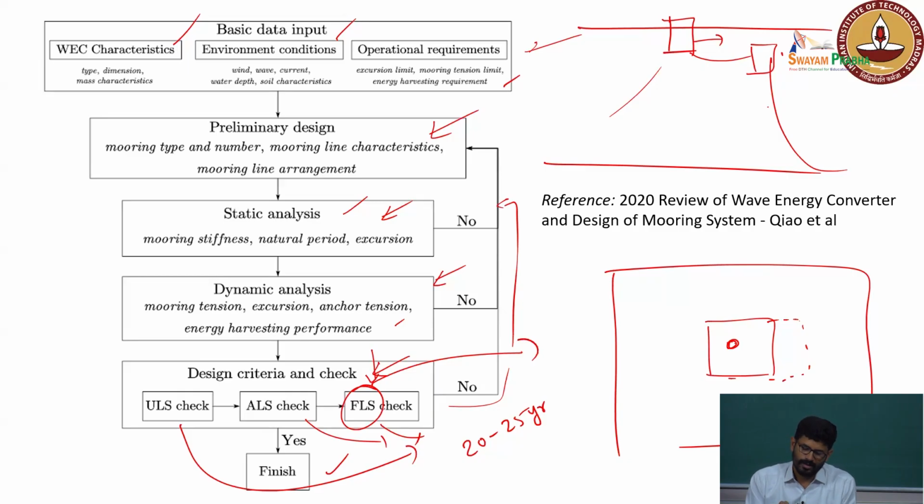For fatigue life of the subsea flexibles or something, the factor of safety has to be 10. Which means that if your service life is 20 to 25 years, minimum 250 years your fatigue life should turn out. When you carry out the analysis, if your fatigue life is more than 250 years, that is a pass. If it is less than that, you need to go again and change it.